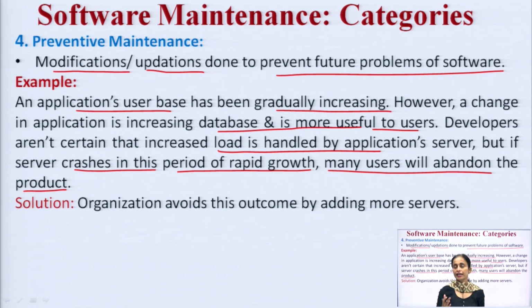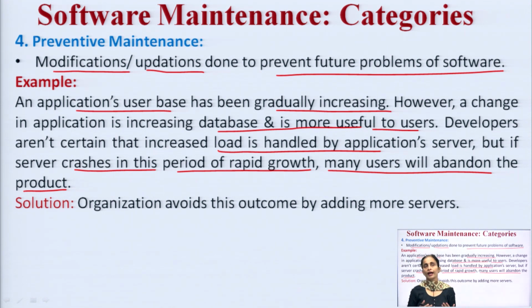After some time many users can abandon this product and switch over to the next product. So, how can I keep my product alive for a longer period of time in the coming future? That is my preventive maintenance.